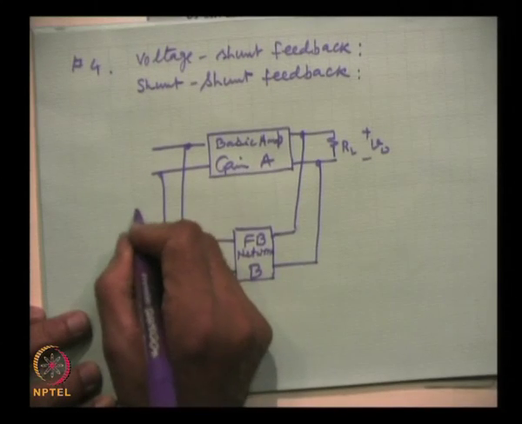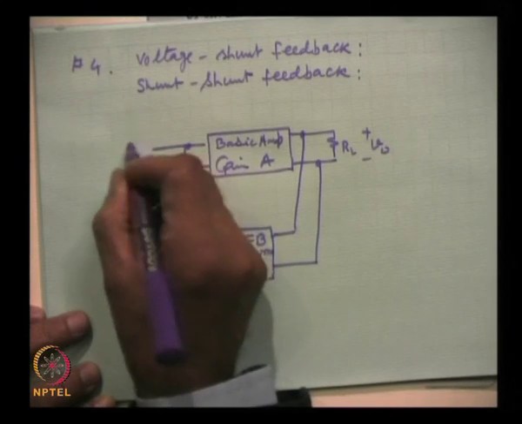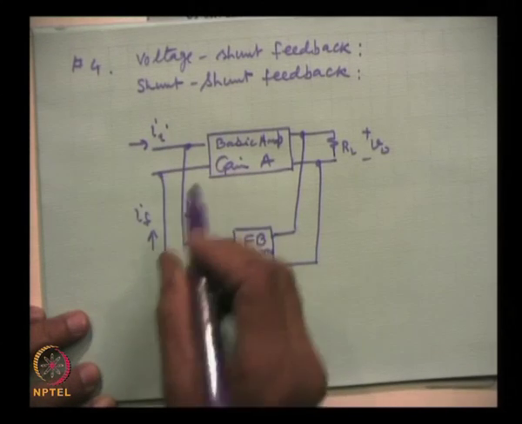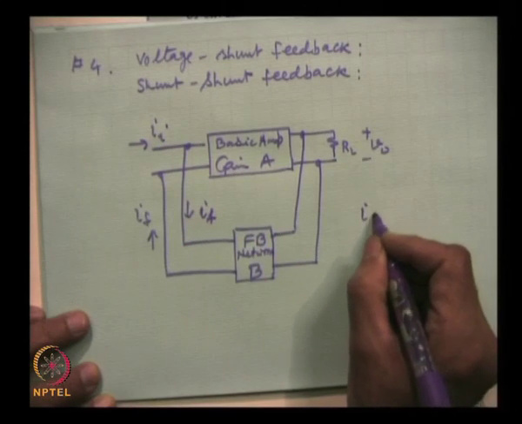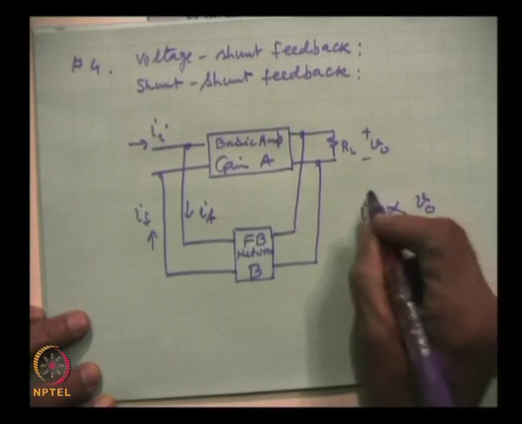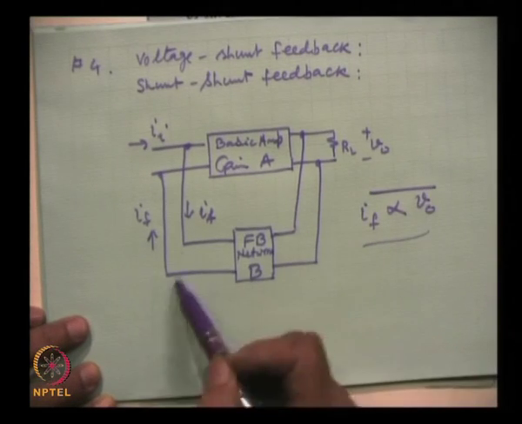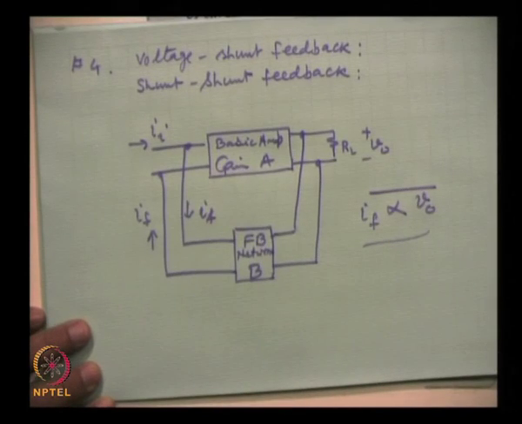This is the current which will be compared at the input with the input current I. So, IF is proportional to V0, and this IF is compared here. So, this is voltage shunt feedback.